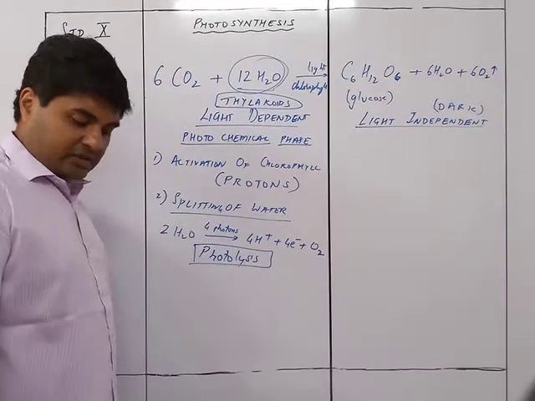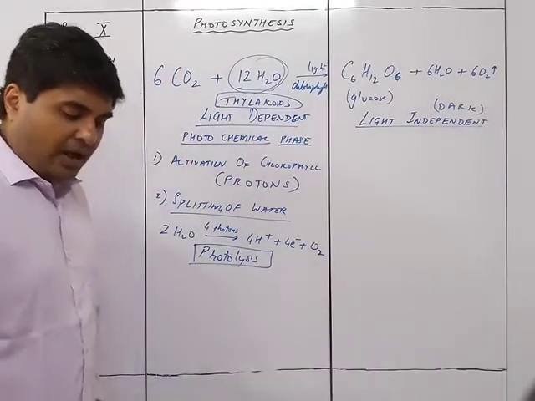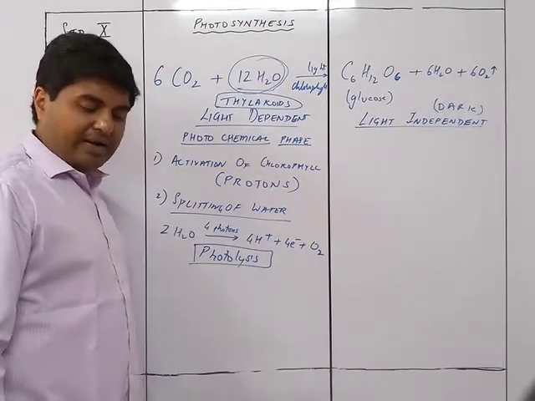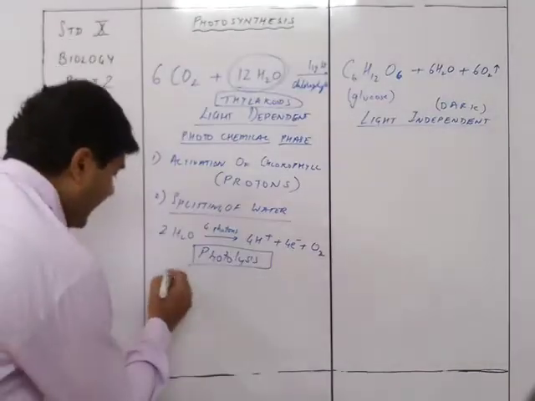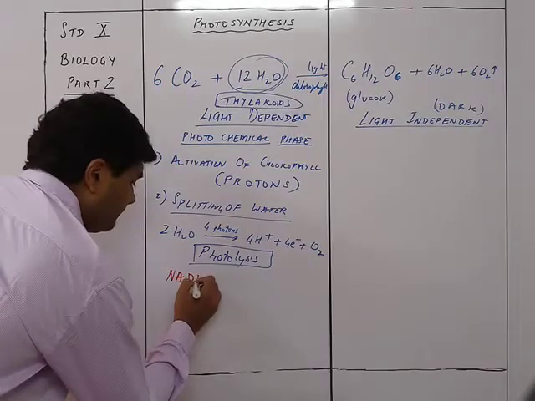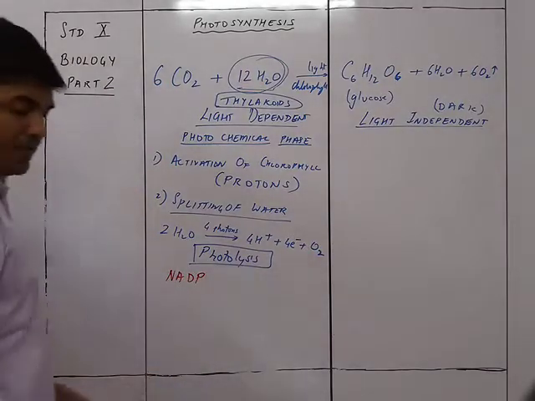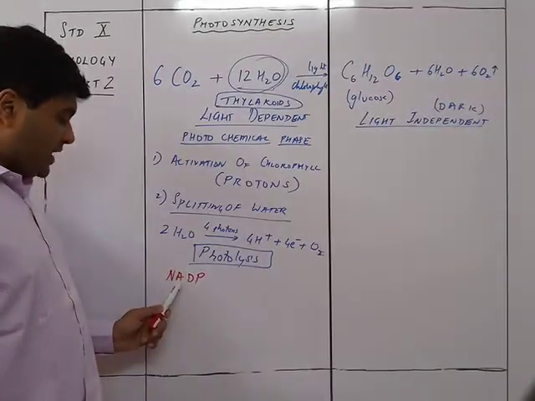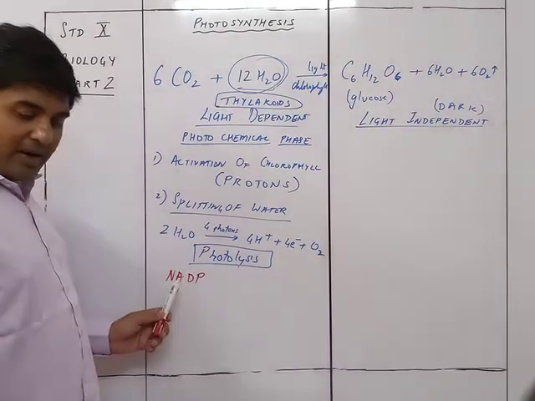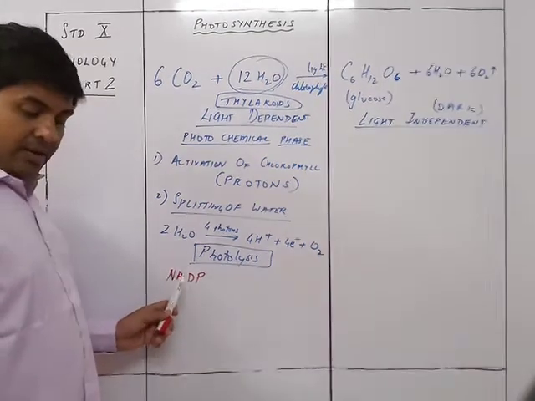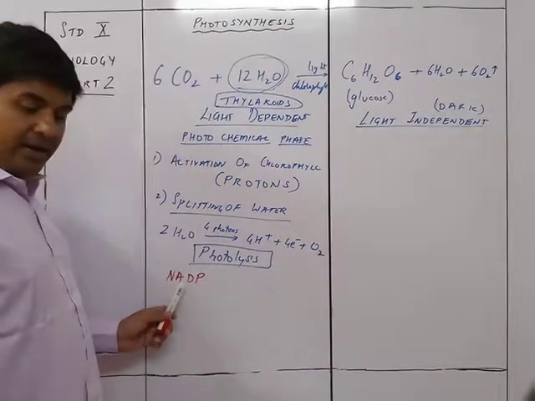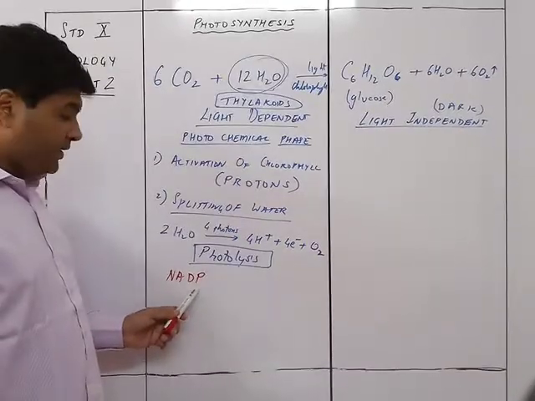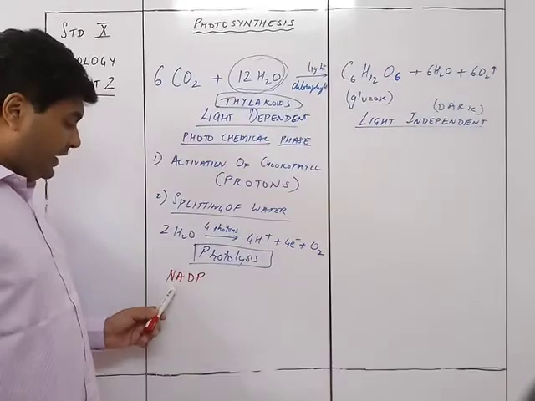The end results of photolysis are, first, the hydrogen ions H plus are picked up by a compound called NADP. NADP stands for nicotinamide adenine dinucleotide phosphate: N is nicotinamide, A is adenine, D is dinucleotide, P is phosphate.